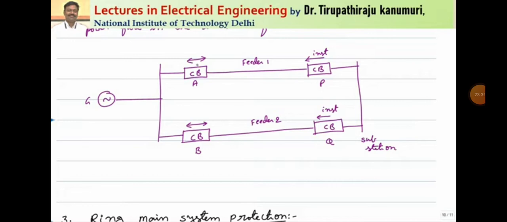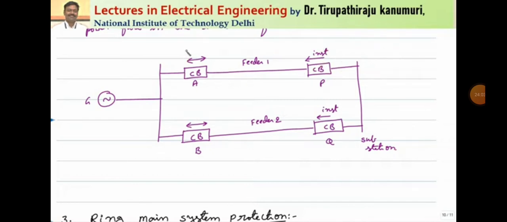And wherever it is really essential, then only we go for the directional relays. So that's why at section A, and you can see at the sending end, A and B, they are having non-directional inverse definite time relays. That means inverse characteristics will be used, and at the end of the feeders we go for instantaneous relays which will operate for a particular direction only.